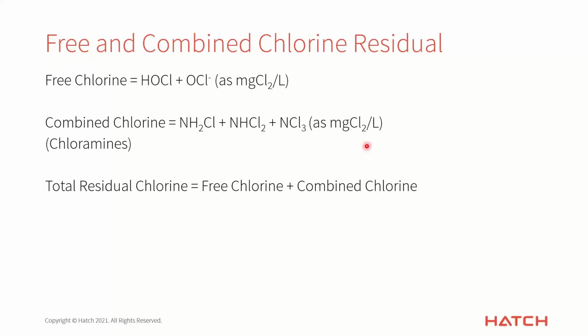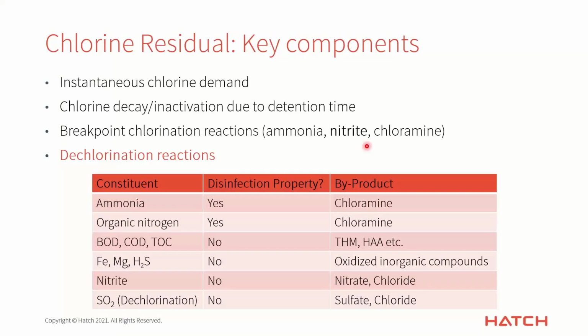And combined chlorine is actually chloramine. So this is basically when chlorine reacts with ammonia in the water, it forms these combined chlorine compounds, chloramines. And it's also measured in milligrams of Cl2 per liter. And then as you can guess, total chlorine is just free chlorine and combined chlorine added together, still measured in milligrams of chlorine per liter.